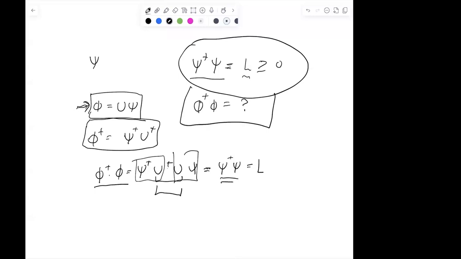The same length. So phi dagger times phi is exactly like psi dagger times psi, which is L. And this is really a critical property of unitary matrices. They do not change the length of a vector. They rotate the vector in the complex space, but they never change its length.